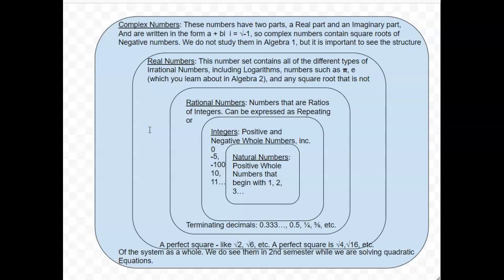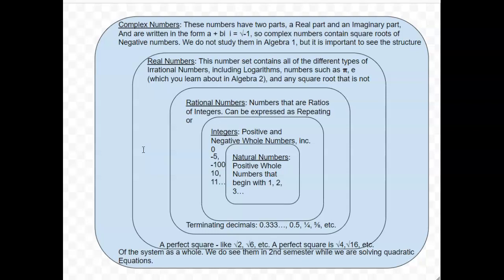But as we are going to soon learn, they don't have anything to do with the rational numbers, okay? As I told you before, the natural numbers and the integers and the rational numbers are all part of the set of real numbers. But what is contained in this shell, in this space that's surrounding these numbers in the middle, are all of the different types of irrational numbers.